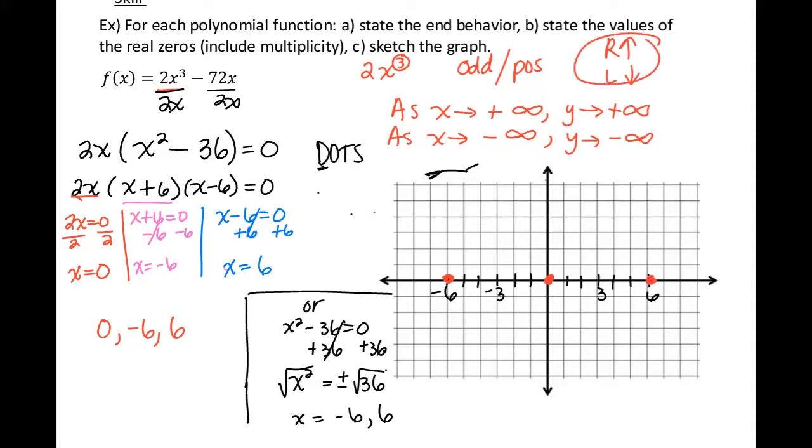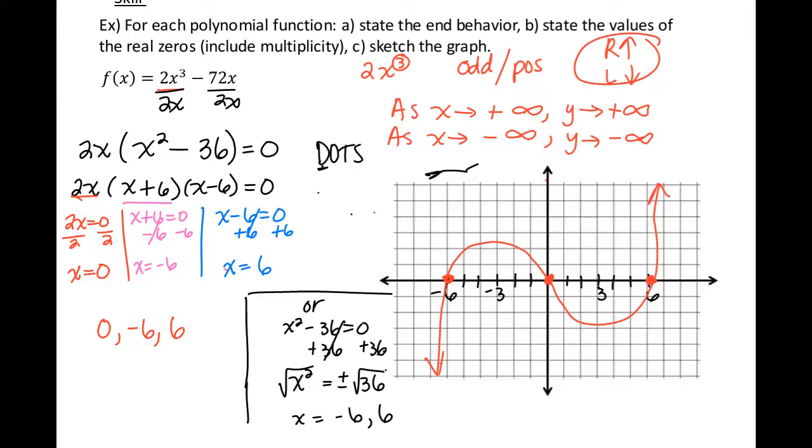End behavior, the right side goes up and the left side goes down. So we're going to cross every time. So cross, cross, cross. Isn't that multiplicity? No, it's not multiplicity because it's not squared. It's only multiplicity if it's squared.